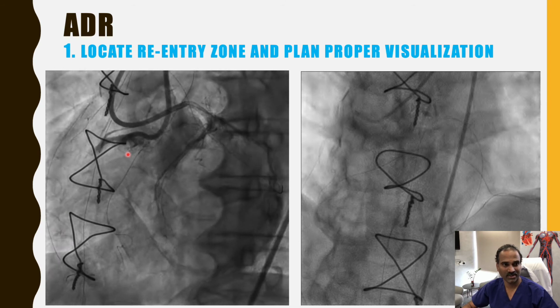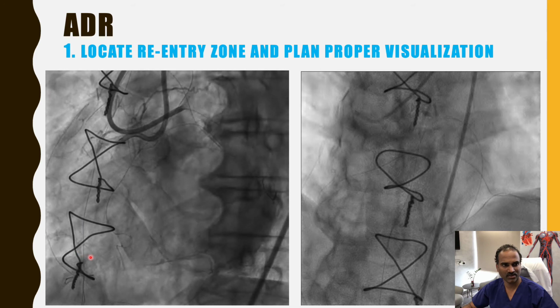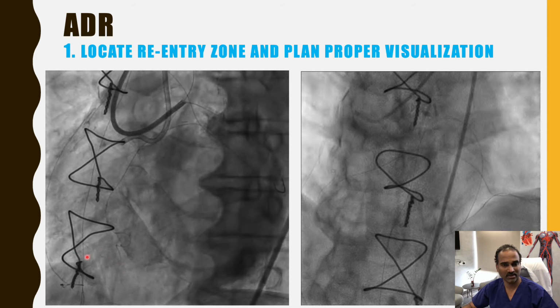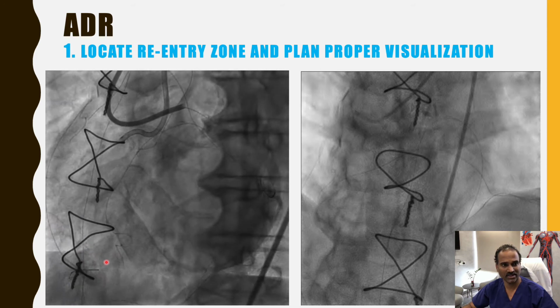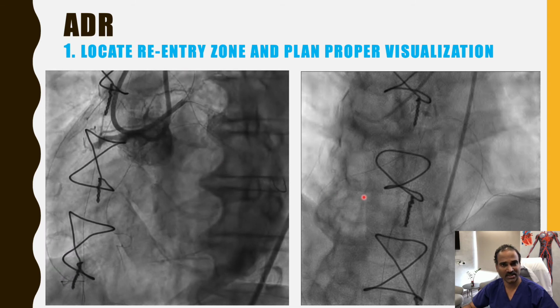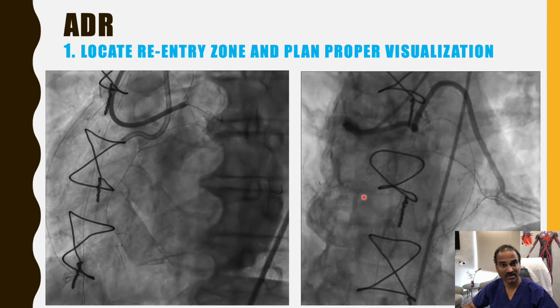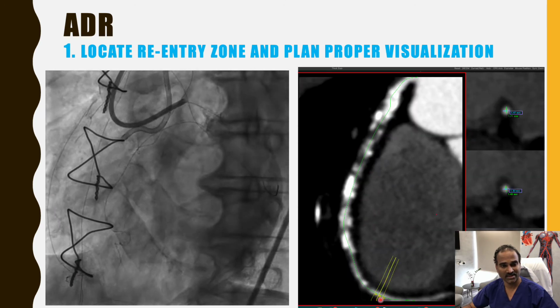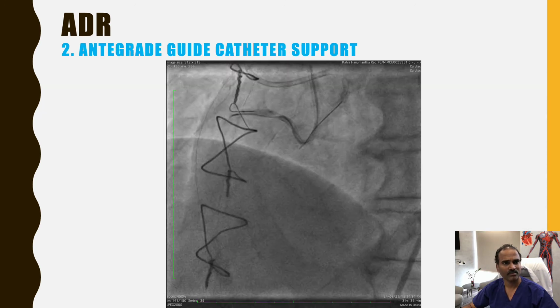Once my dissection goes down and I reach my reentry zone, probably I have to go to the venous bypass and inject into it. That was the plan, and you can see this is the reentry zone. And increasing guide catheter support.